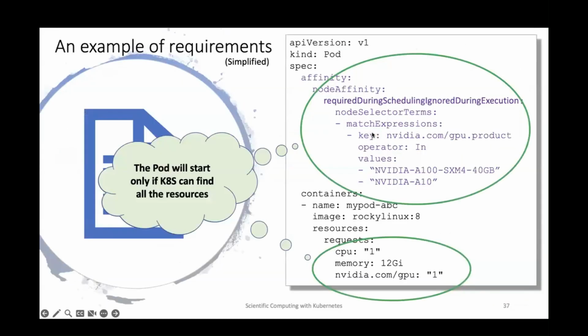Let's now move on to something a little more advanced, which is the requirements. So here we have an example where we are asking for one CPU, one GPU, and some memory, which is similar to what we had before, but we don't want just any GPUs. We actually want to be a little more fancy, and we say we only want the latest Ampere-based ones.